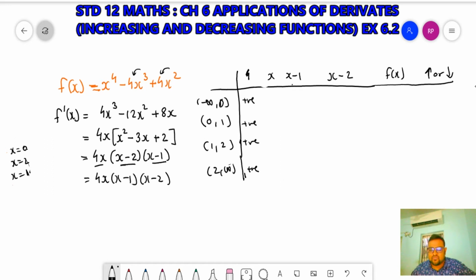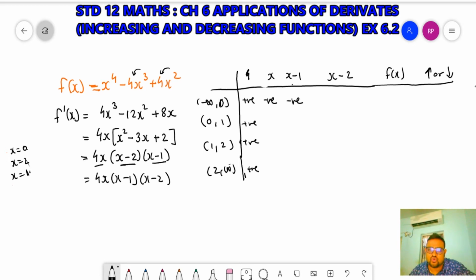Now when I take minus infinity to 0, x will be negative. x minus 1: see, now x is negative from minus infinity to 0. Clear? So x minus 1 will be negative minus 1, negative. Clear?